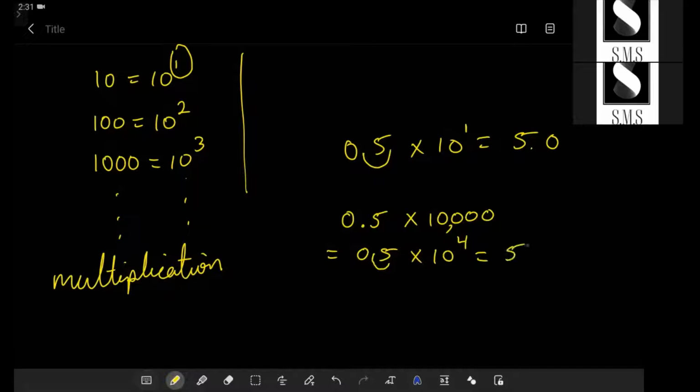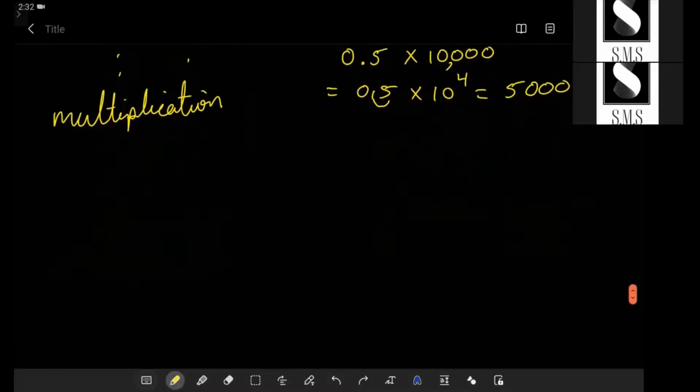So I'll get 5,000.0 if you want. And if I move it back 4 places this way, I get back where I started. So this is how you multiply by tens.